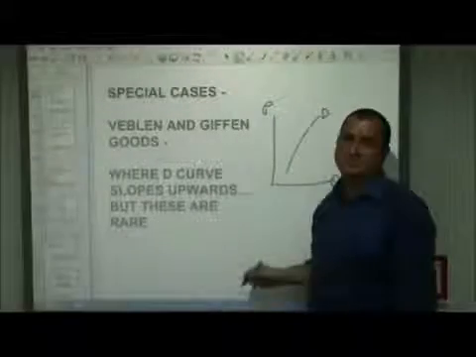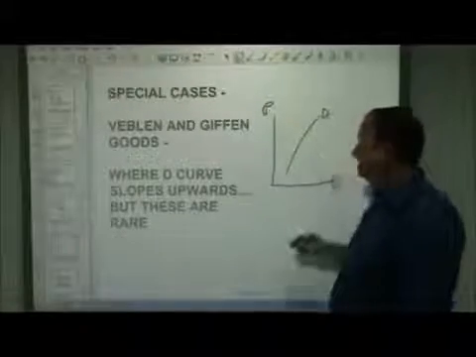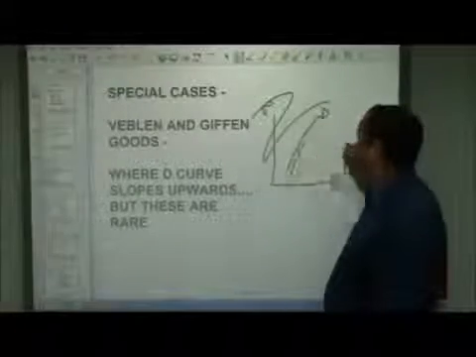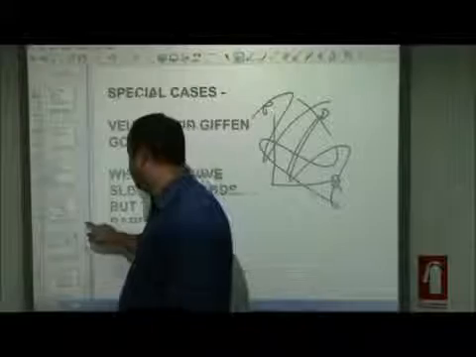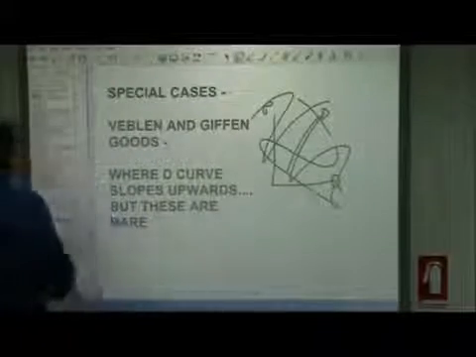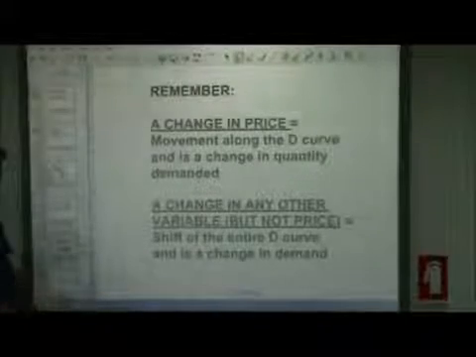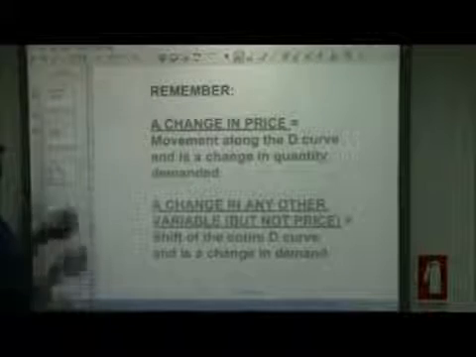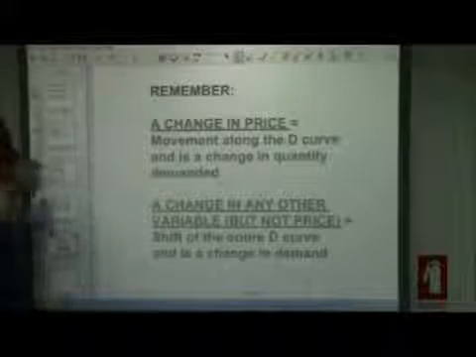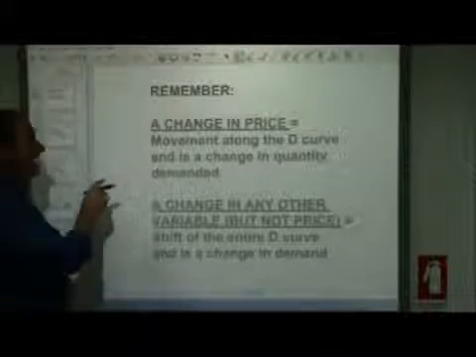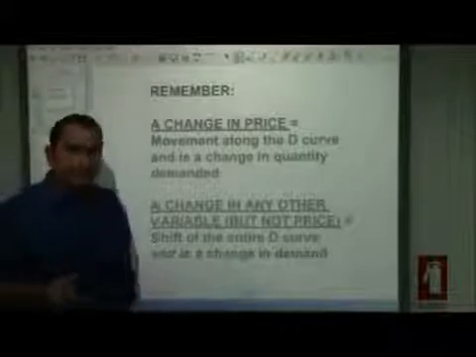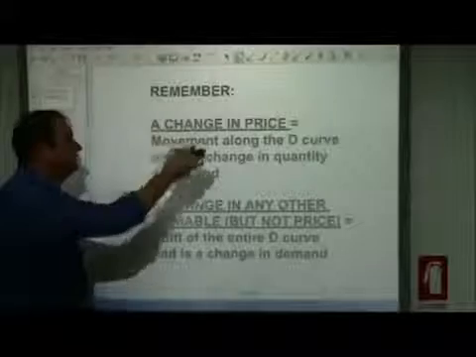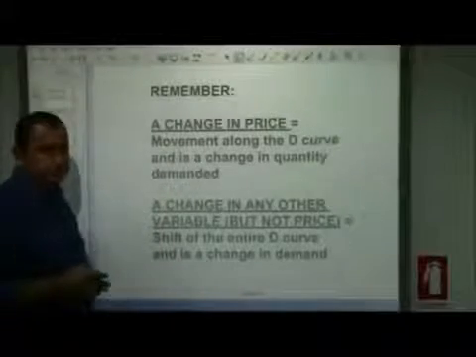Anyway, these are rare cases of upward sloping demand curves, but really you shouldn't even worry yourself about Giffen goods at all. So, to recap, remember, if there's a change in price, we move along the demand curve and we describe it when we're writing or speaking as a change in quantity demanded.